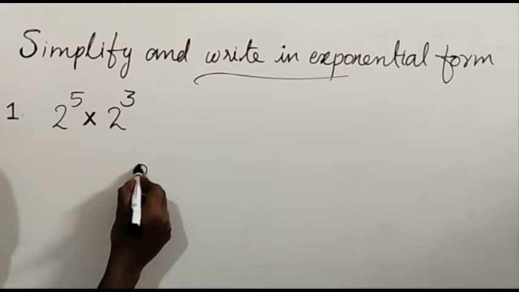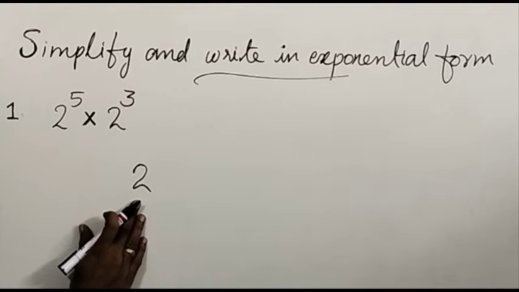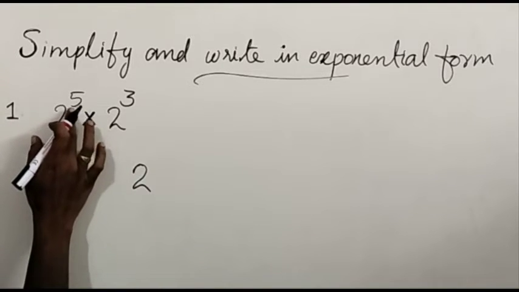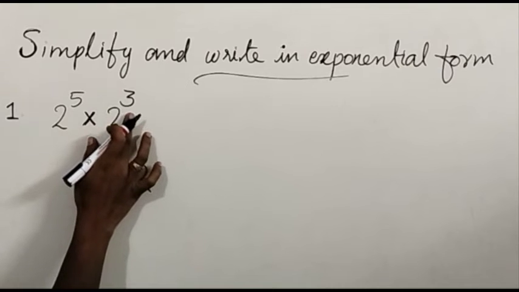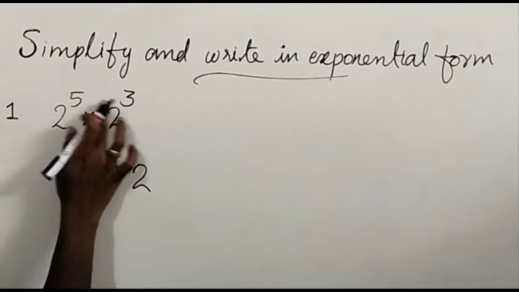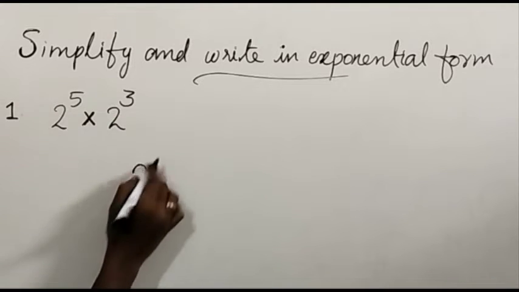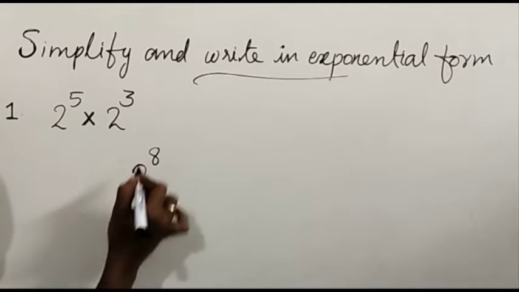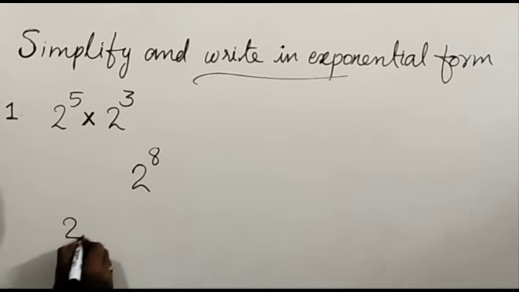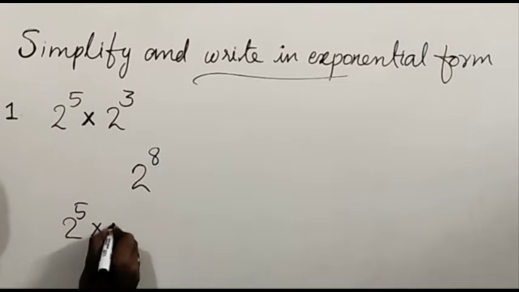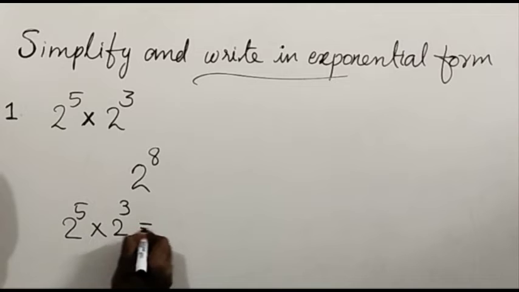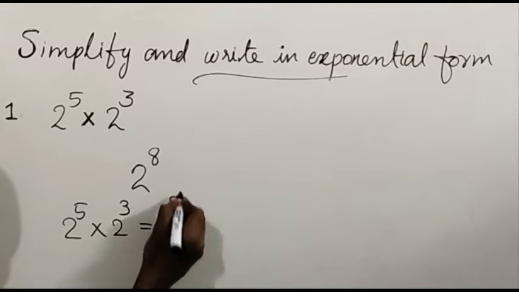So write 2, and look at the exponents, here 5 and here 3. Take the sum of the exponents, that is 5 plus 3 is equal to 8. So 2 raised to 8. That is, 2 raised to 5 into 2 raised to 3 is equal to 2 raised to 8.